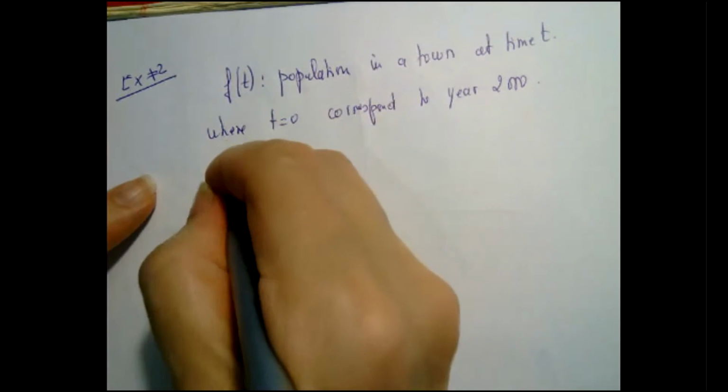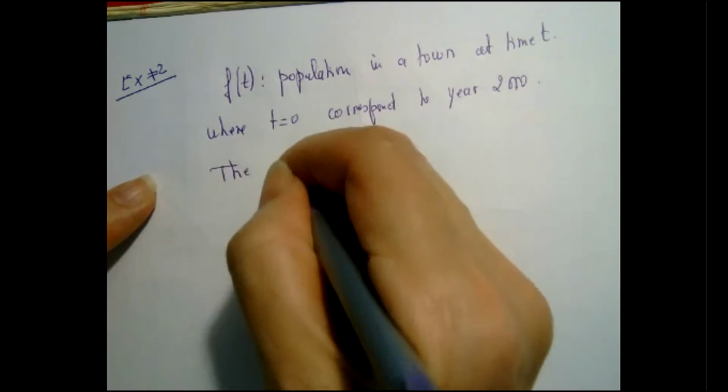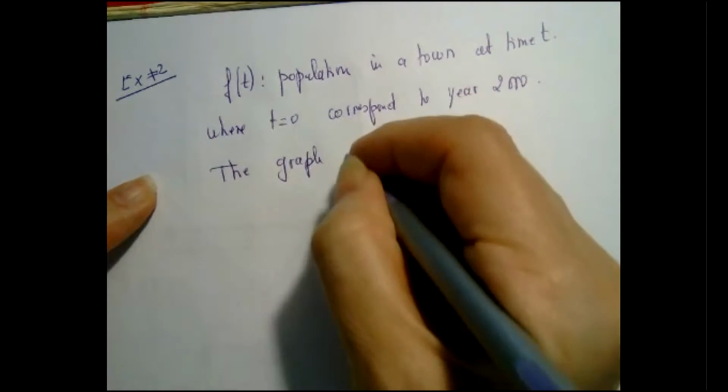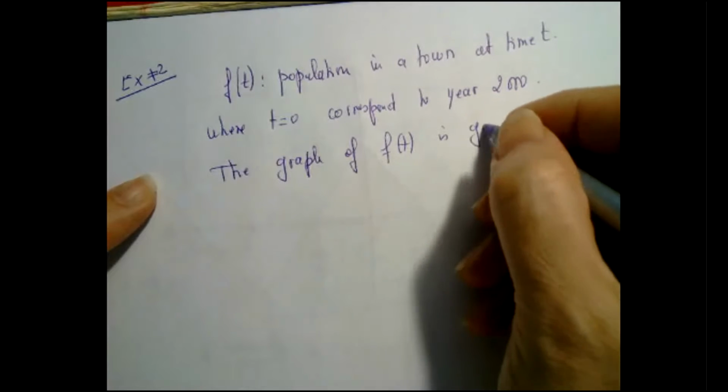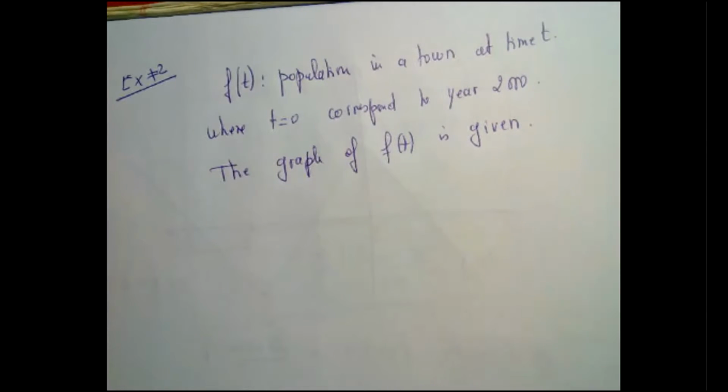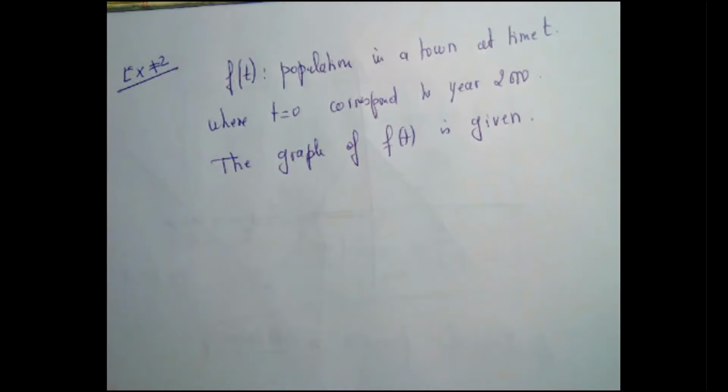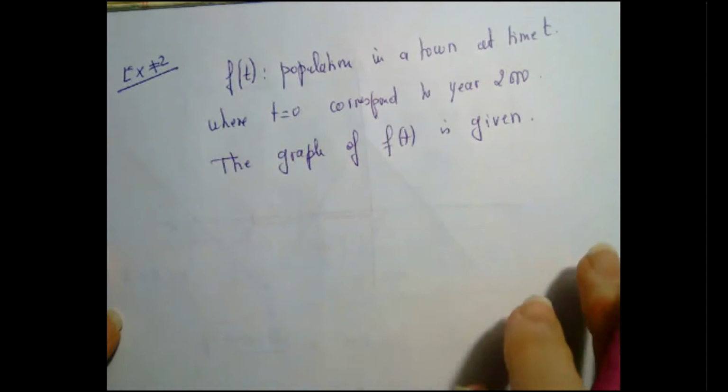The graph of f of t is given, so I'm going to work with the graph. Now we're trying to do a word problem to understand what it means.